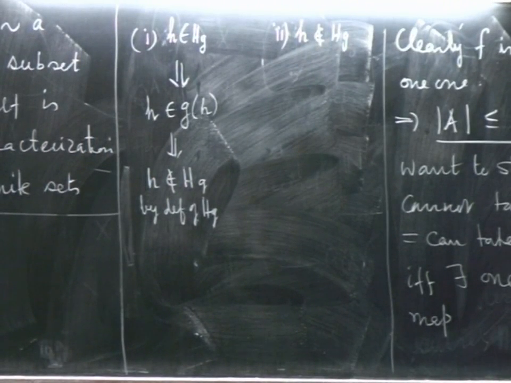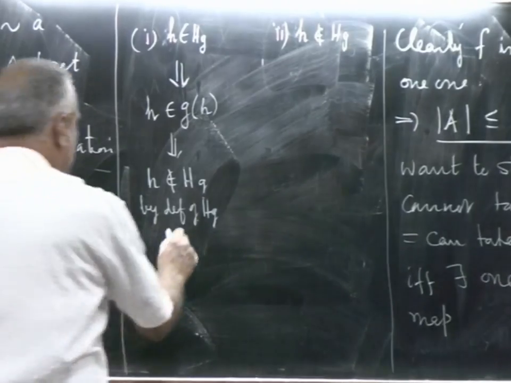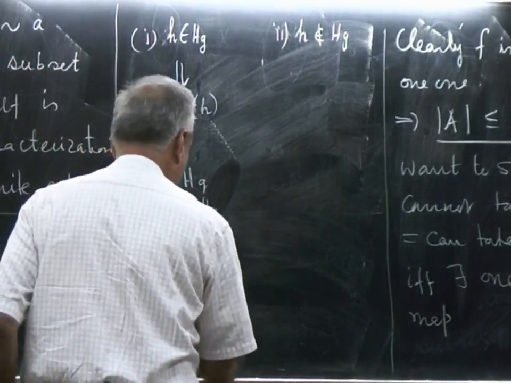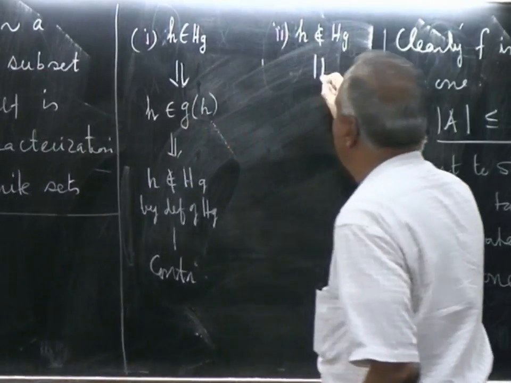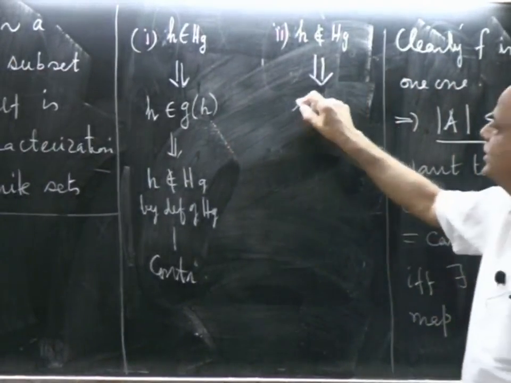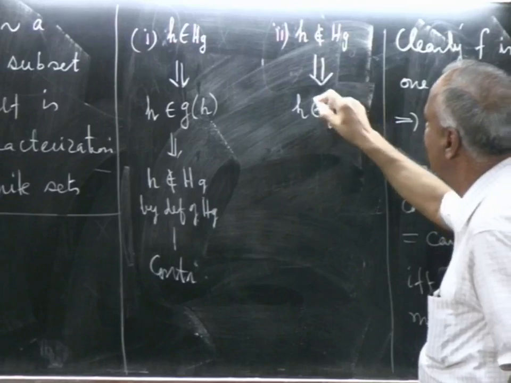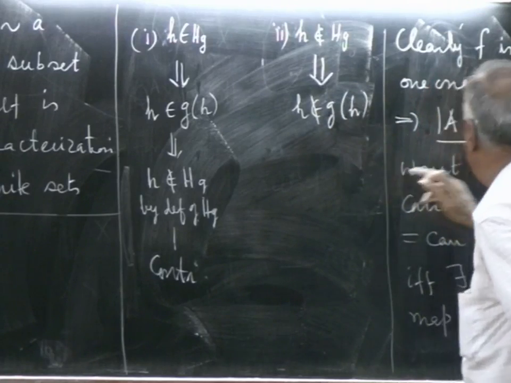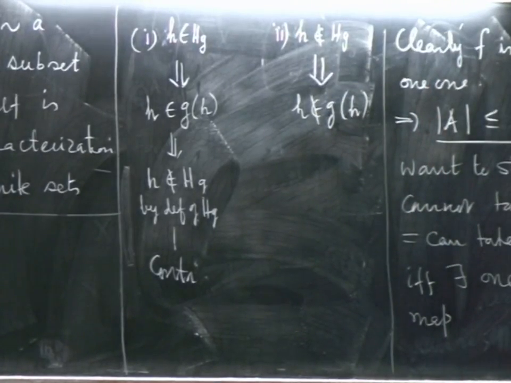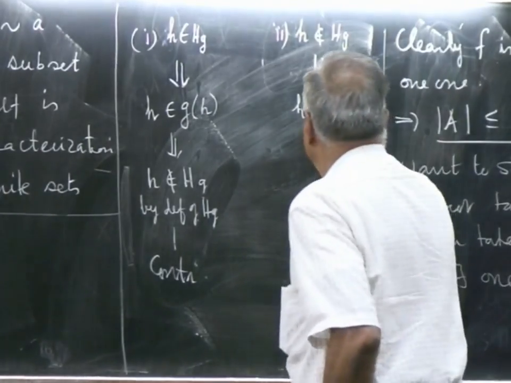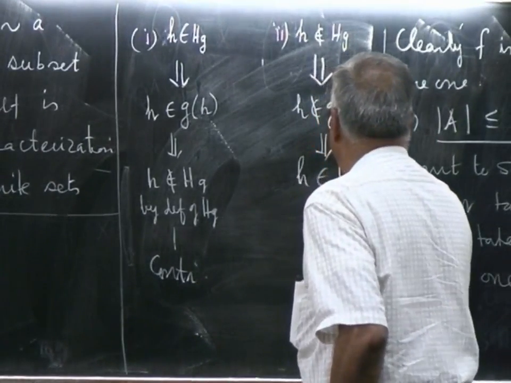It is simple like the Barber's paradox. Okay? So, this is a contradiction. And similarly here, H does not belong to Hg means H does not belong to Gh, but H does not belong to Gh is qualified to go to Hg. Again a contradiction.